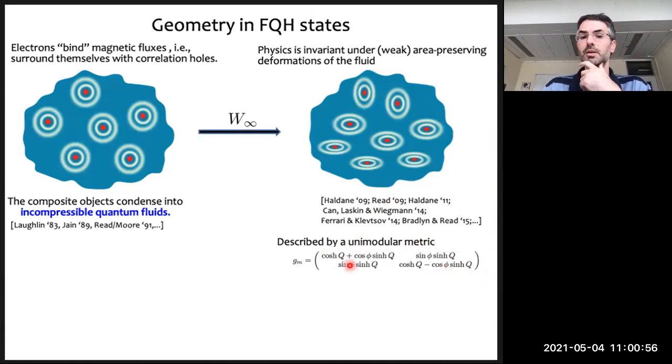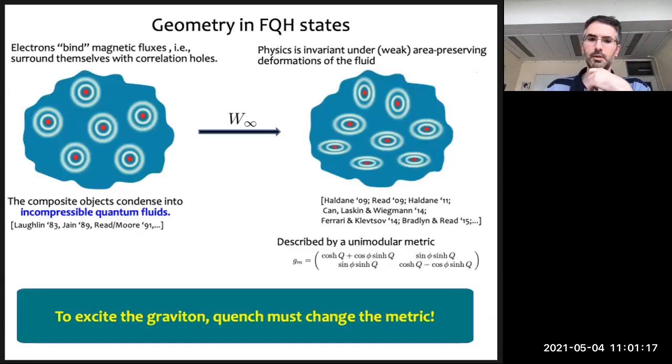And so we can parameterize it by these two physical parameters, which are Q and phi here. So Q is the overall stretch of these droplets, and phi is like a rotation angle. So if we want to excite this collective mode and the graviton excitation, the main point is that the quench must be associated with the change in this metric, okay?